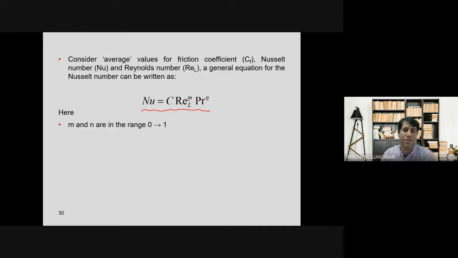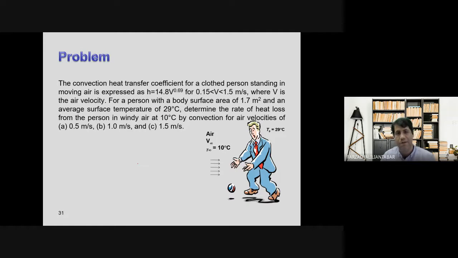If the geometry is, for example, a circle, and the Prandtl number or Reynolds number is in this range, then how much should be M, how much should be N. In the next chapter, we will see more about that. So M and N also are numbers between 0 and 1. This is a general equation which we will use later in our exam.